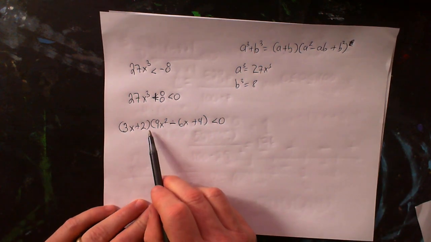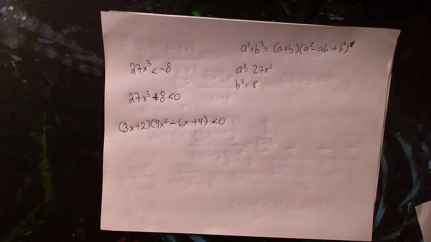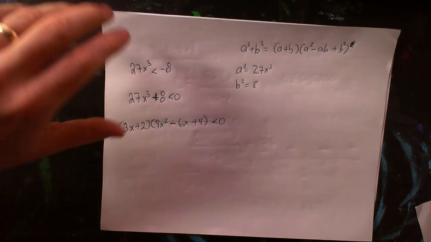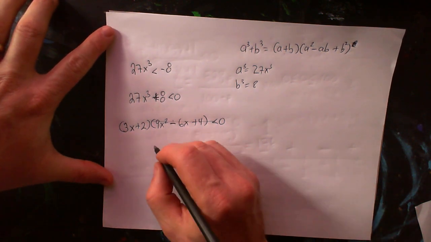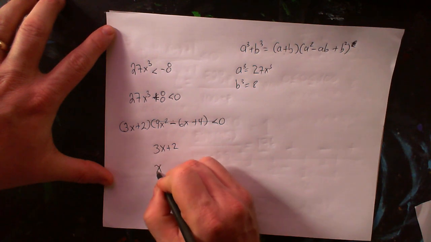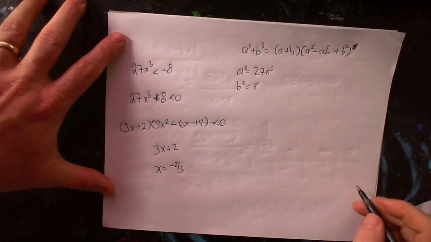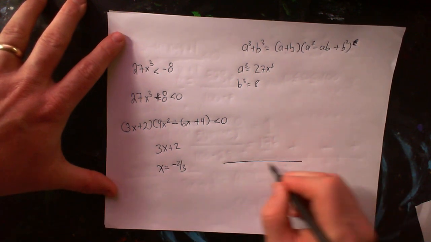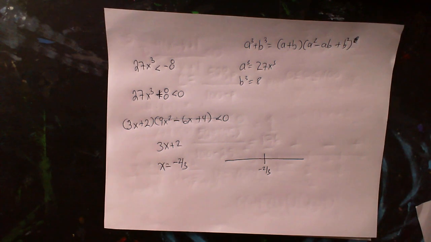For inequality purposes, we do not have to worry about this part. That would have imaginary zeros, but we are only concerned with the real zeros in these problems. So 3x plus 2 would give us a 0 at negative 2/3. So when we make our sign line, the only place that this could change signs is at negative 2/3.